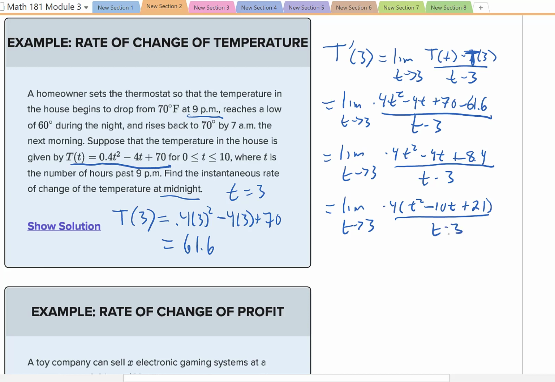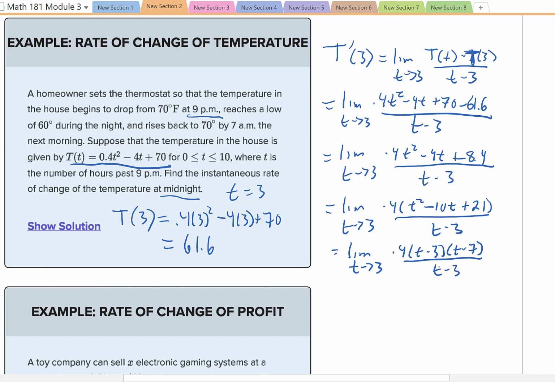So I hope you see right now t minus 3 would be a factor of that. So the limit as t goes to 3 of 0.4 times t minus 3 times t minus 7 all over t minus 3.